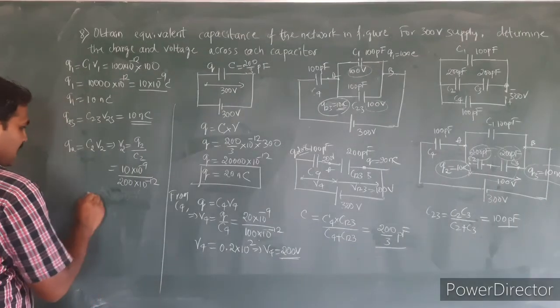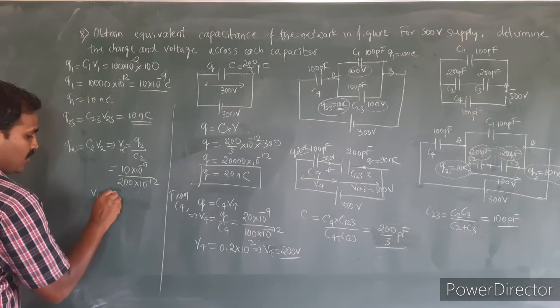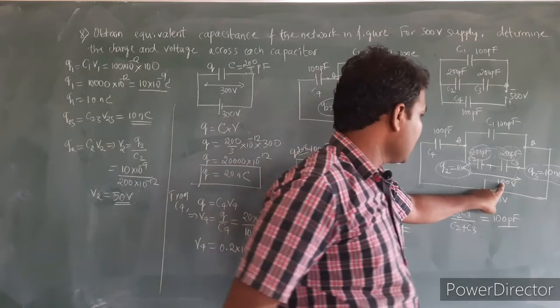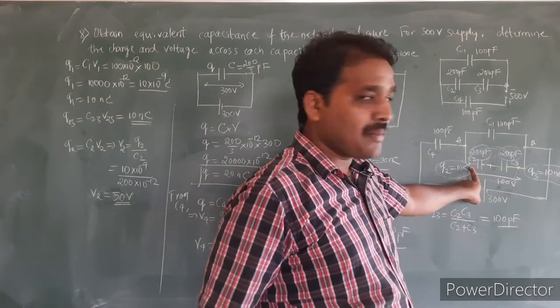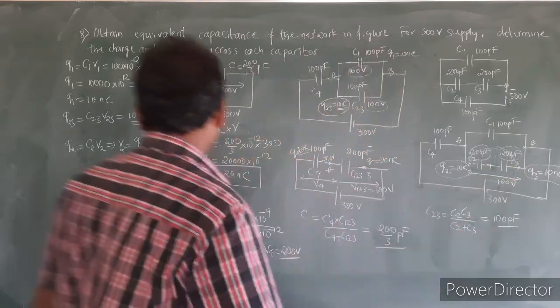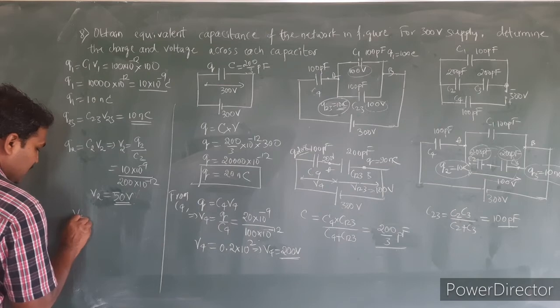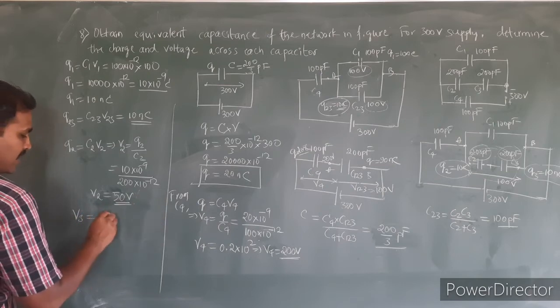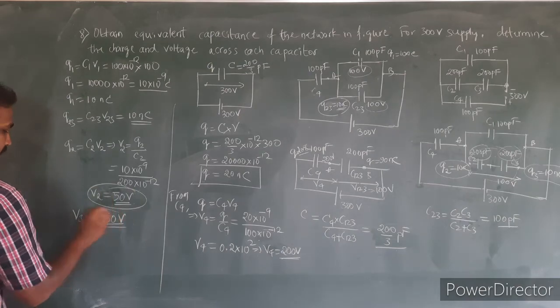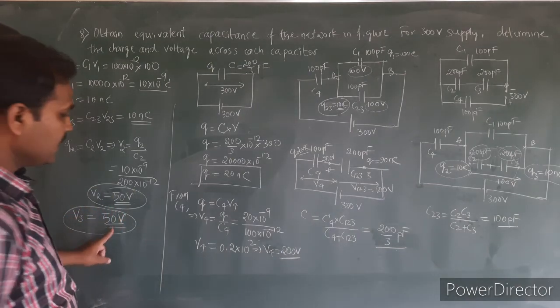And by simplifying this I get V2 is equal to 50 volt. Out of 100 volt, 50 volt is dropped across capacitor C2. So the voltage across C3, V3, is equal to 100 minus 50, that is also 50 volt. So this is the value of V2 and V3.